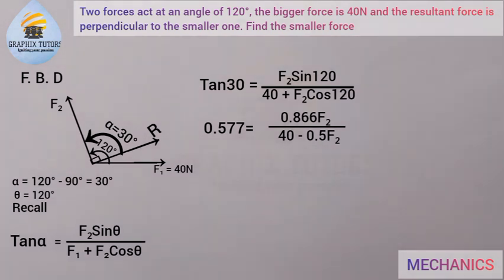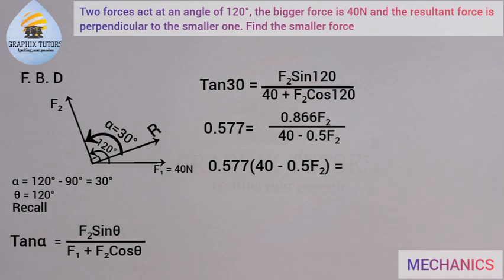We'll now say that 0.577 equals 0.866 F2 divided by 40 minus 0.5 F2. How did I get the minus? Plus times minus gives you minus 0.5 F2. If I cross multiply, I'll have 0.577 multiplied by 40 minus 0.5 F2, in brackets because of the negative in between, equals 0.866 F2.